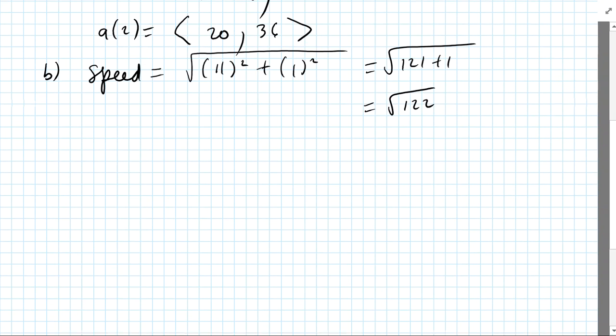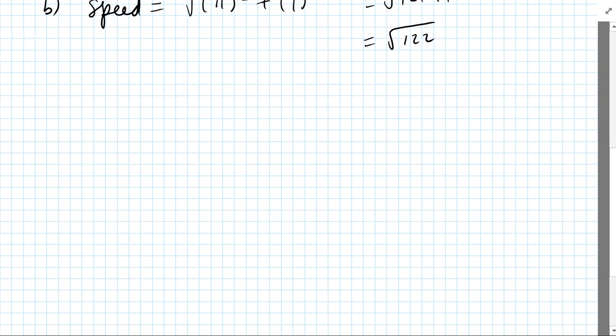Okay, let's do another example. In my next example, ooh, it's a distance one. This is fun. Here we go. In example 2, you are given the x and y equations.